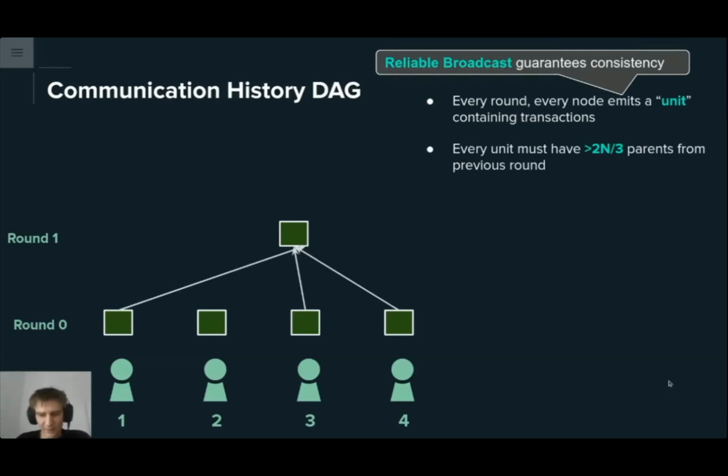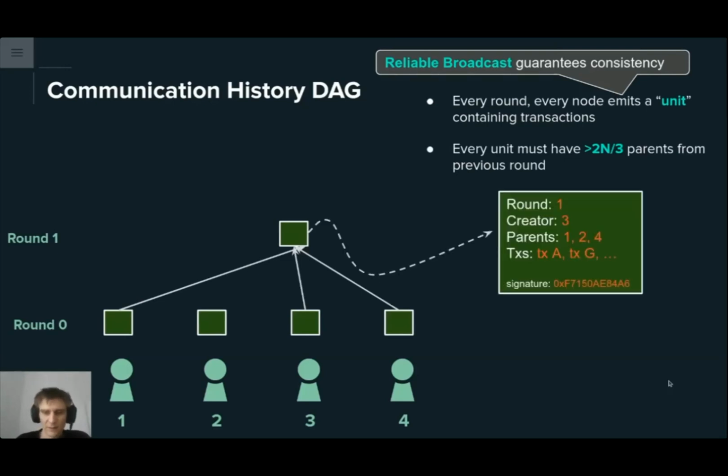Okay, so it must reference 2/3 of the previous round units. Awesome. So what's the structure of the units? The unit consists of a round, a creator, the references to parents, and some transactions which we would like to order. There is also a signature.